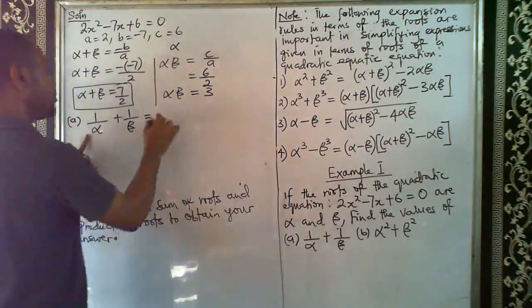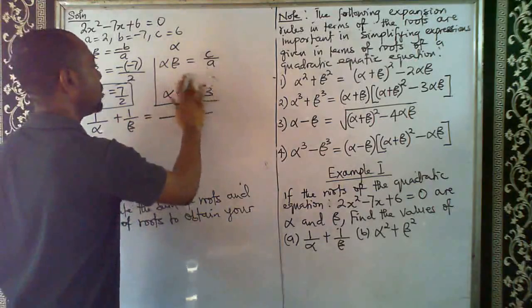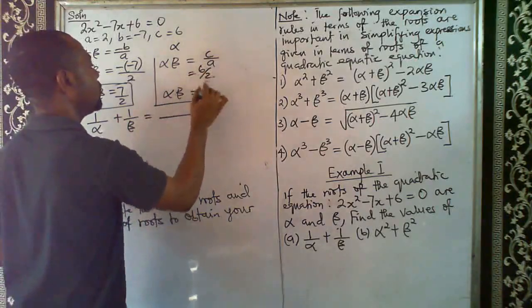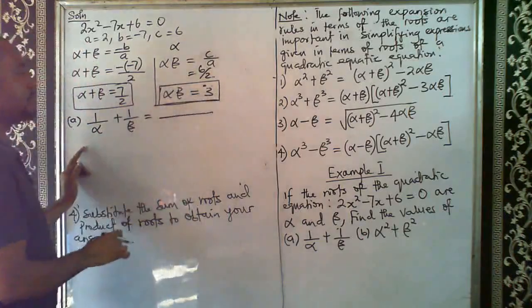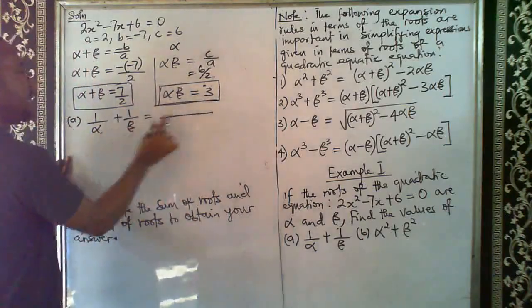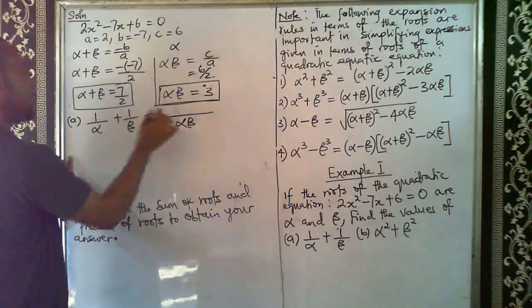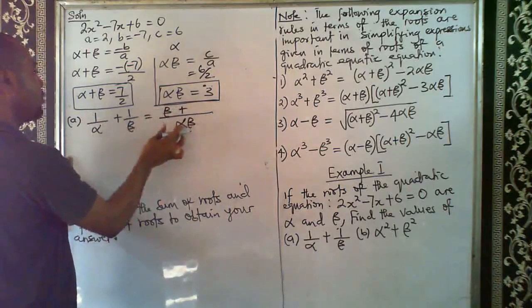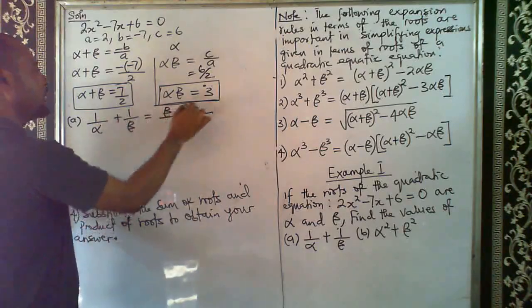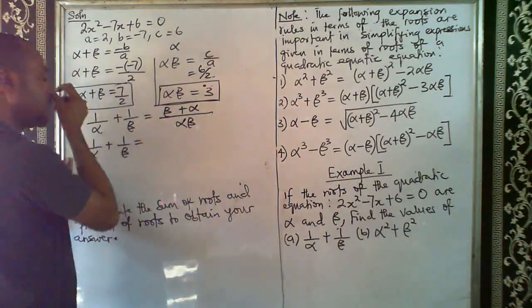Okay, what's the LCM? You know that this is 6 over 2, which is 3. So we'll keep this. This and this are very important. So let's find the LCM here. It is alpha beta. Alpha beta divided by alpha is beta, beta times this is beta, plus alpha beta divided by beta is alpha, alpha times this is this. So it means that 1 over alpha plus 1 over beta is the same thing as what?